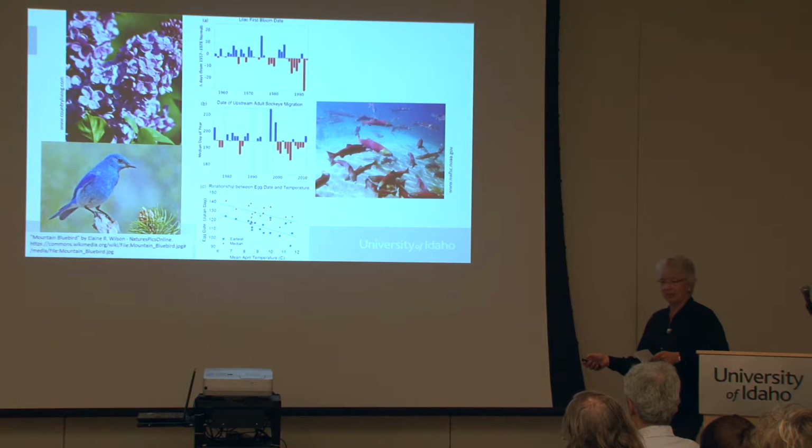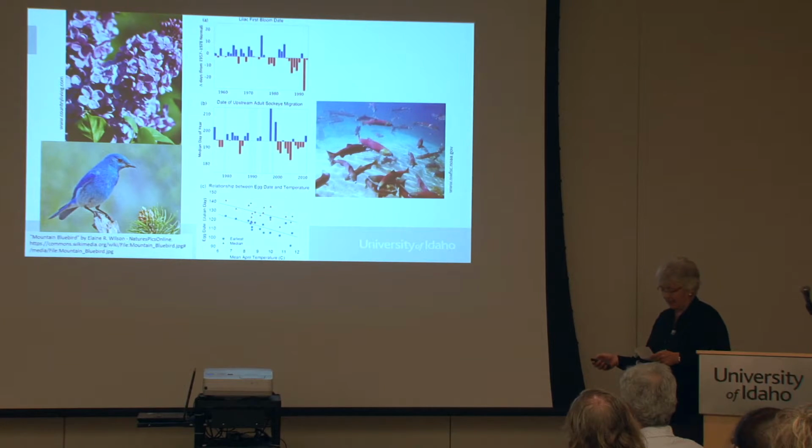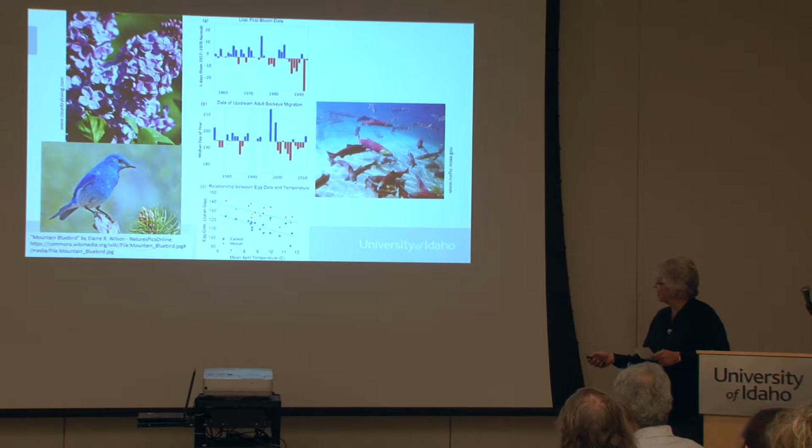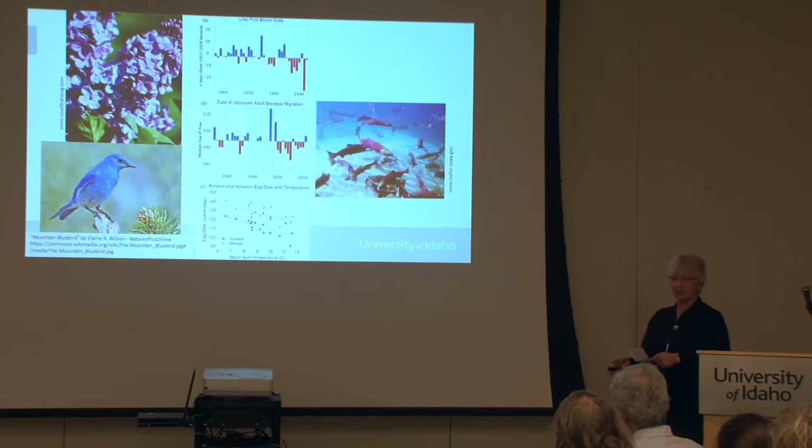And then what our students did was compare that to temperature. In this case, most observations were from around Rock Dam, and so that's where they got the temperature data. They found that if you take this line, which is the median, or the earliest any bird was found to be setting their nest, it's 3 or 4 days earlier, just in this time period of the last 30 years.